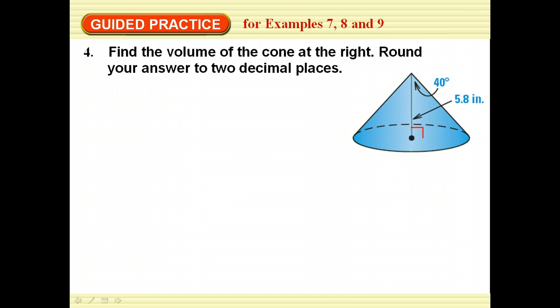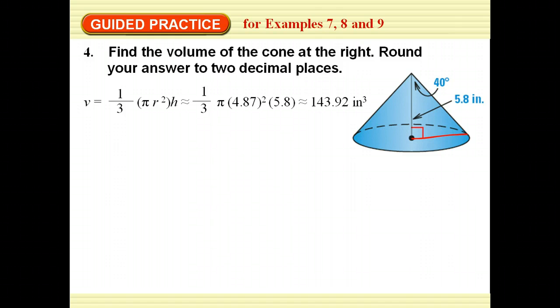So here's one for you to try, finding the volume of the cone at the right. Remember, what I'm going to have is my radius here. So it's 1/3 pi r squared h, 1/3 pi times 4.87 squared times 5.8 comes out to be 143. Now, where did this 4.87 come from?